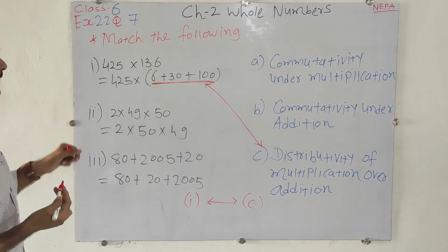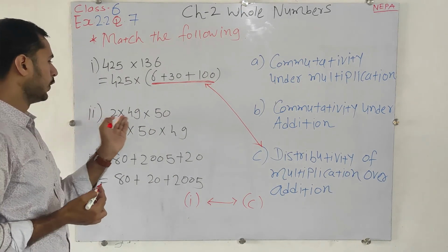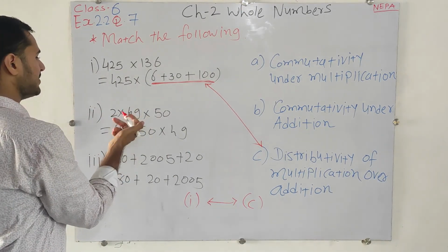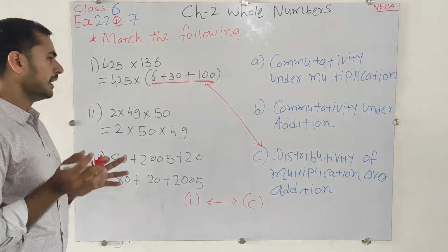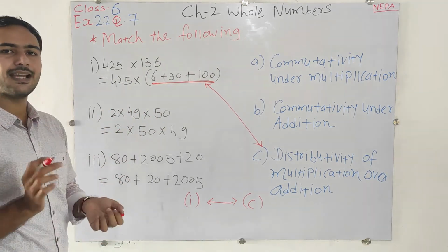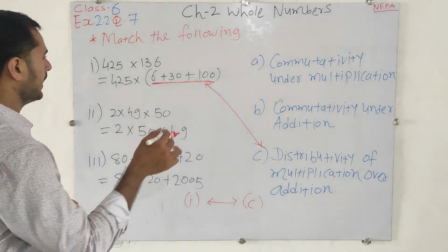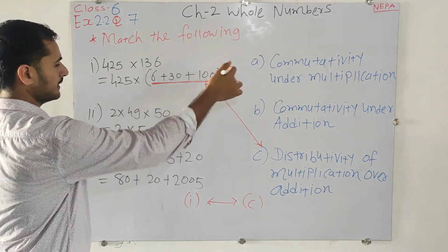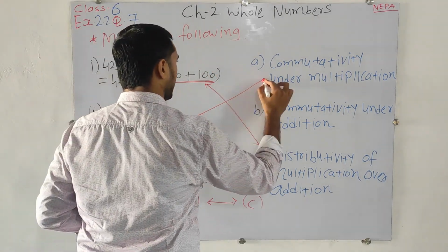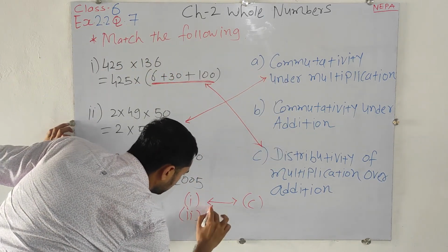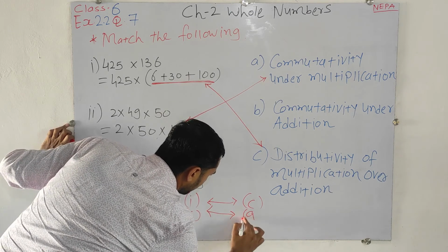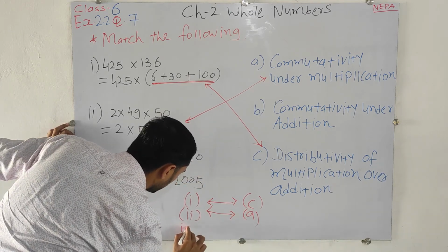Now the second one: the whole thing is multiplication, and they just changed the order of 2 and 50. Whenever you shuffle the numbers in multiplication, there is commutativity under multiplication. That's A1. So the second one is A.